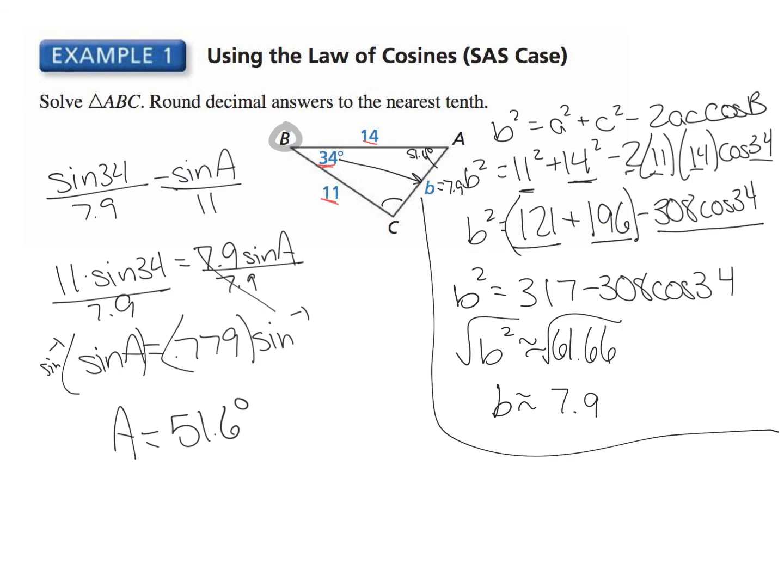Make sure to put the degrees. And the last step is taking 180, subtracting 34, and subtracting 51.6 to find our missing angle C, and that angle is 94.4 degrees, and that's C. And we have now solved for one missing side and two missing angles on this problem.